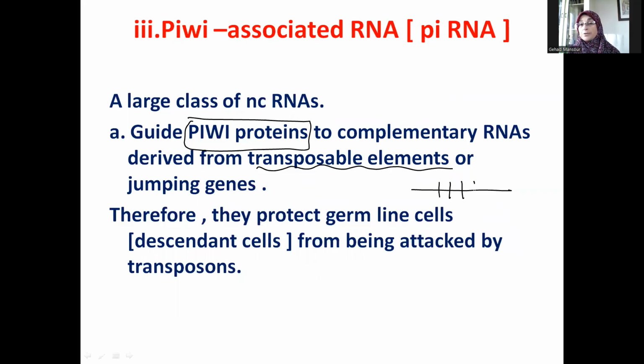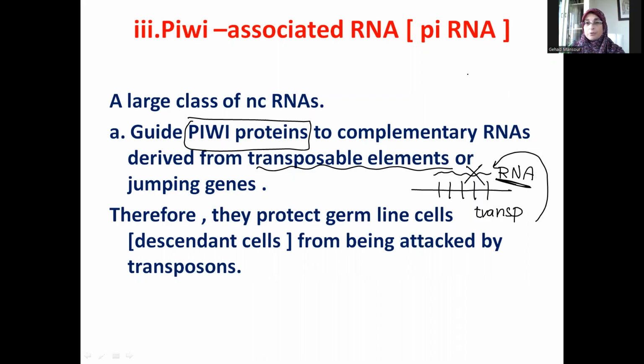You know, the transposable elements are DNA sequences, and if those transposable elements dare to make RNA, then PIWI associated RNA will direct those PIWI proteins to that RNA that is complementary to the transposon and will prevent translation of that RNA, and therefore this will protect the descendant cells from being affected by abnormal polypeptide chains that might result from translation of abnormal RNA coming from transcription of a transposon.